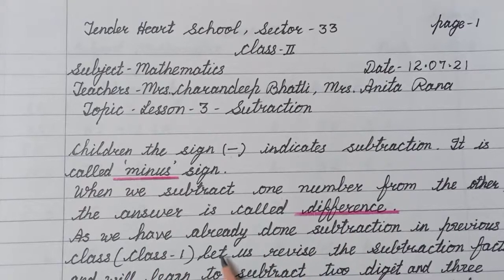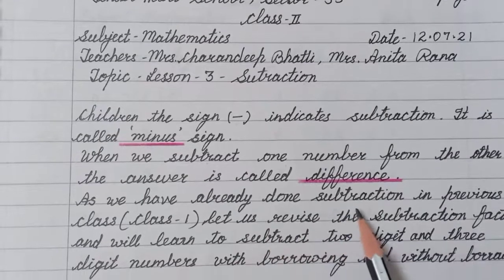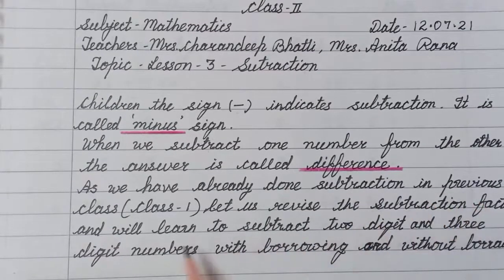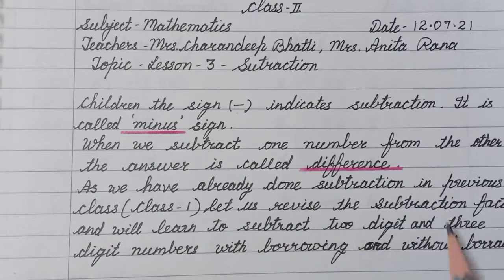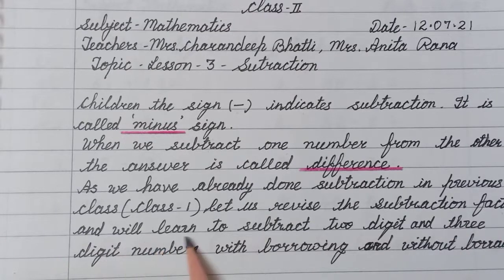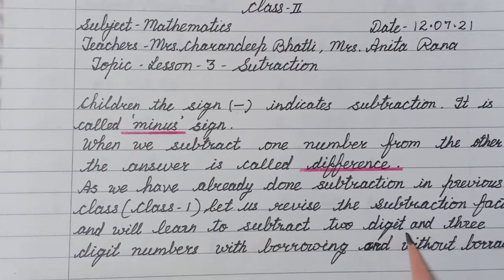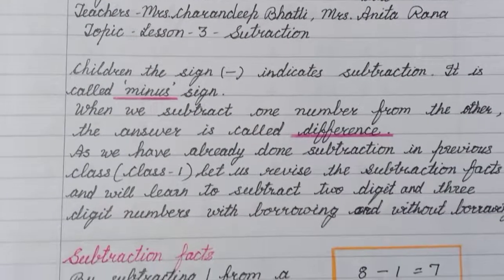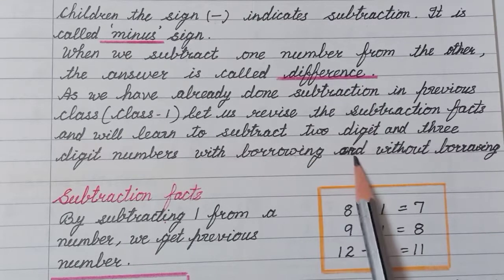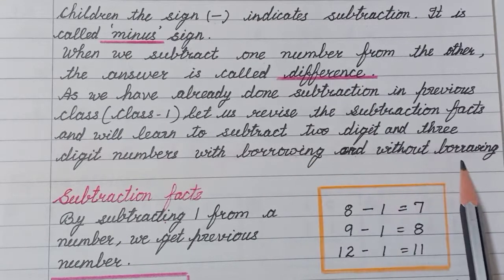As we have already done subtraction in our previous class 1, let us revise the subtraction facts and we'll learn to subtract 2-digit and 3-digit numbers with borrowing and without borrowing.